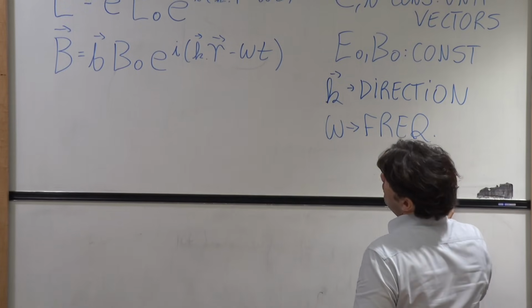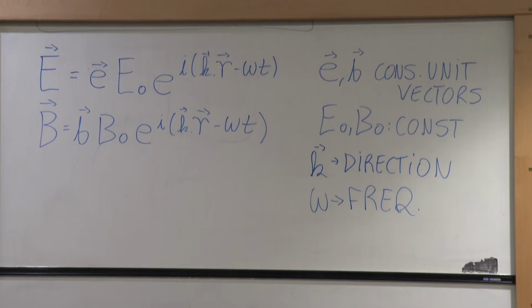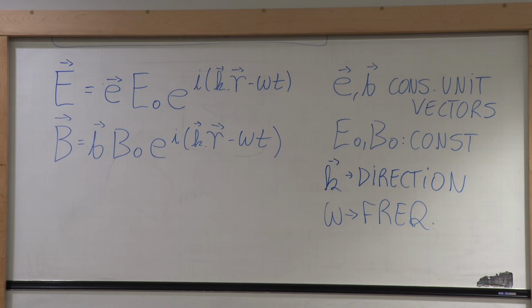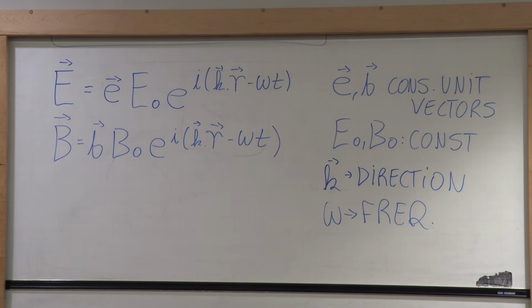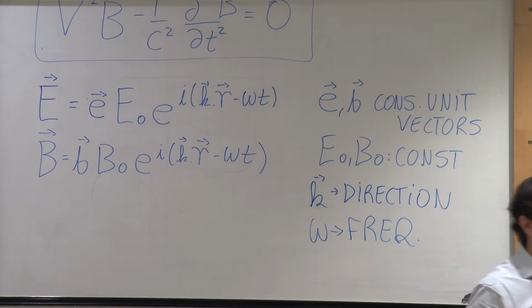Beautiful. So now all we need to do is take these two. Do you know how to use Mathematica, or some software like this? You basically take these two things and plug them into the Maxwell equations.